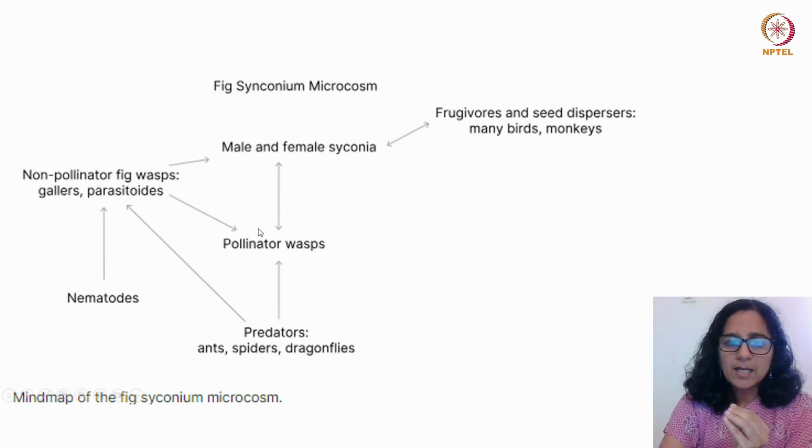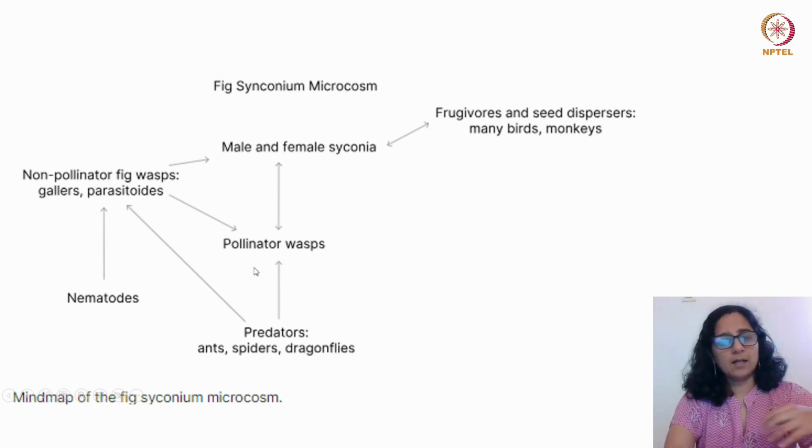There are pollinator wasps. Of course, there are male and female syconia, and there are pollinator wasps which pollinate these flowers, and also produce their own babies. But there are predators waiting outside as soon as these wasps come out from one syconium to go into another.